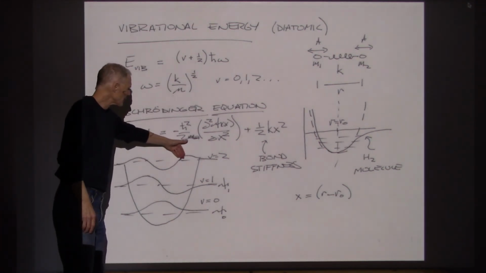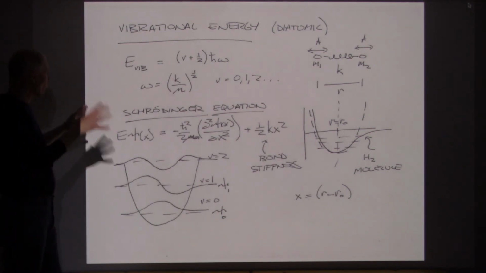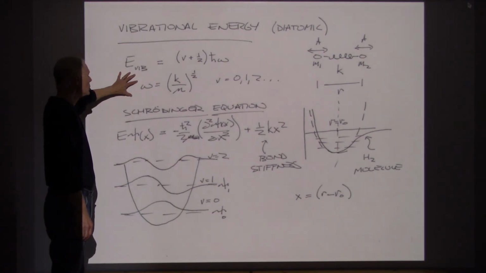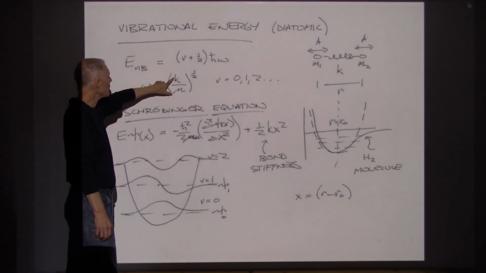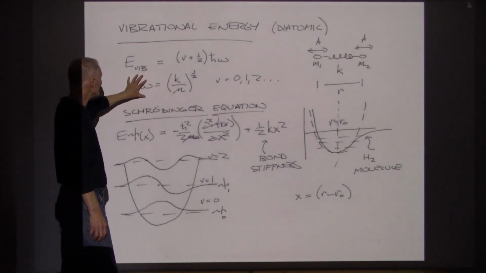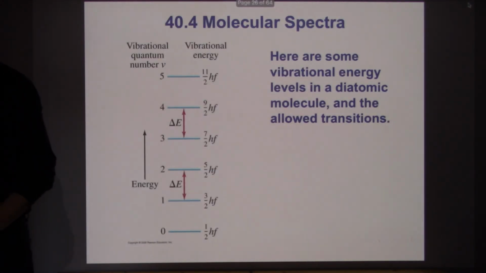And when you go to other excited states, the probabilities get more complicated. What we're really interested in is working from these formulas, keeping track of the bond stiffness, the reduced mass, and this thing we're calling the frequency, which is just a stand-in for us.